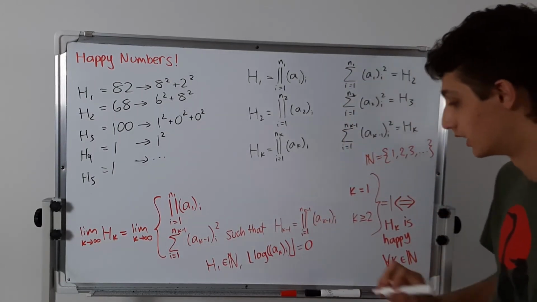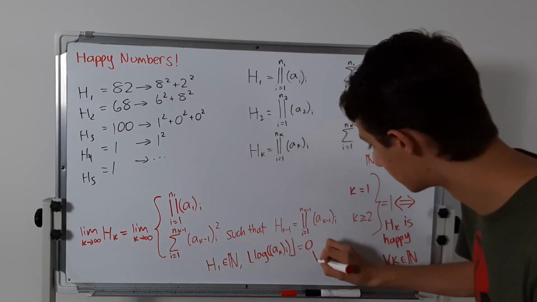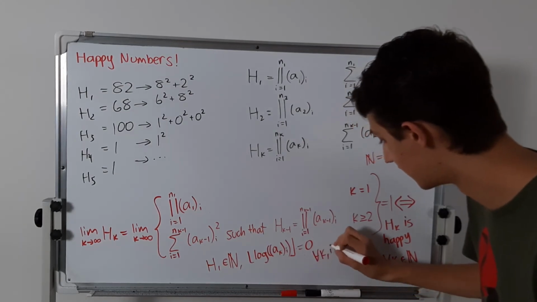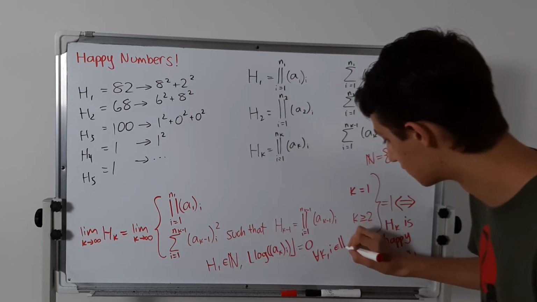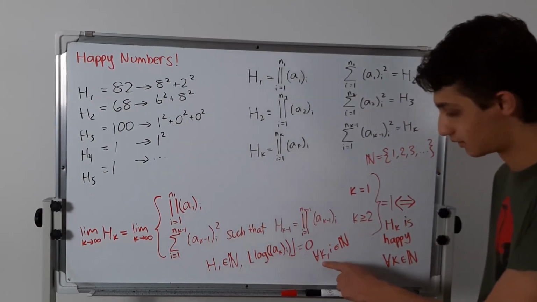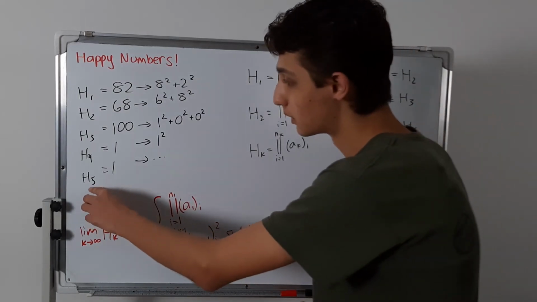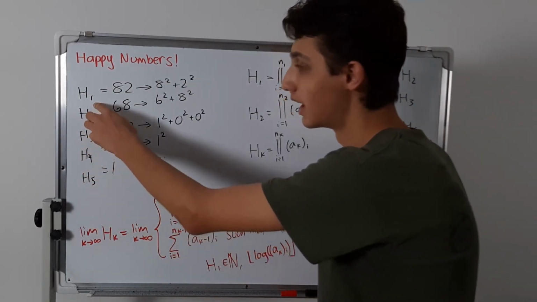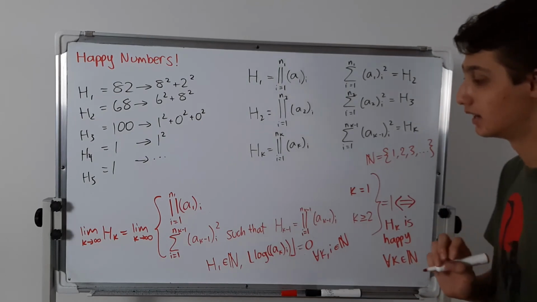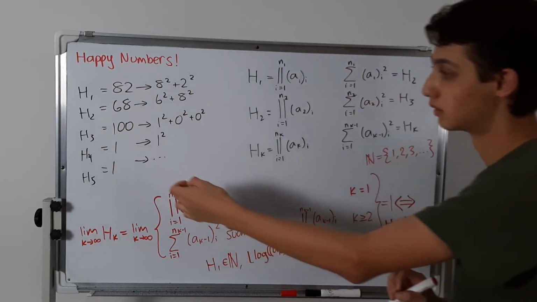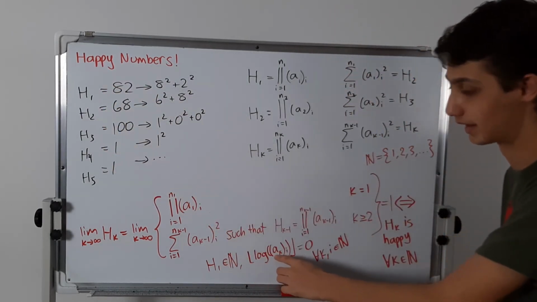And this is for all, I'm going to clean this up in a second, for all k and i in the natural numbers. So what I'm saying is that for every k value, for whatever number in the iteration we're doing, each of these terms has to have a length of 1.